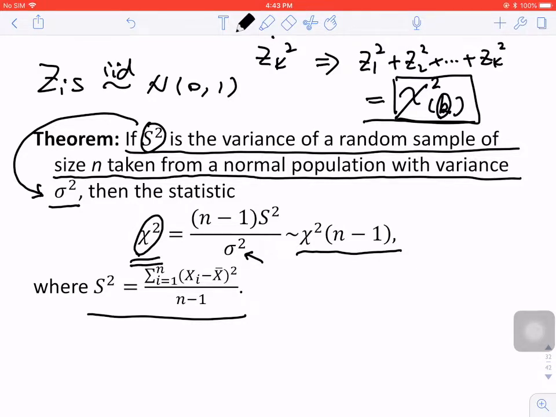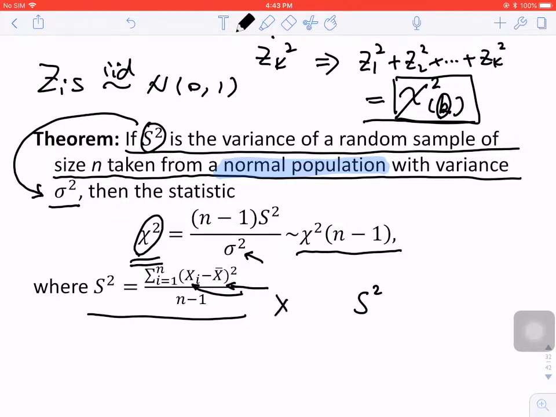So the most important thing for this is that your population distribution should be normal. What does it mean? Because we have S squared here, and S squared is constructed by xi, x bar, and sample size n.